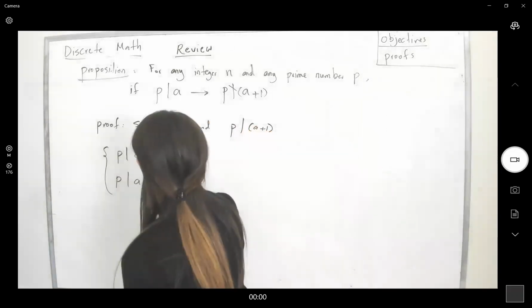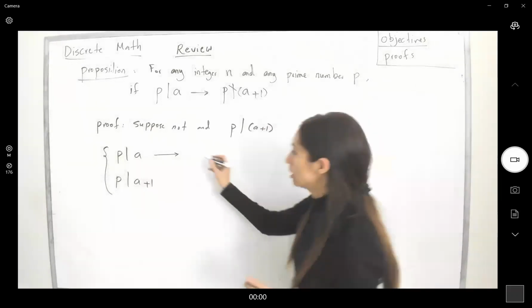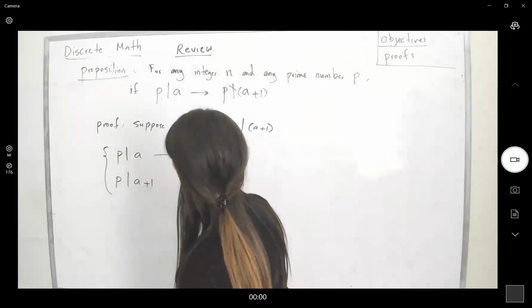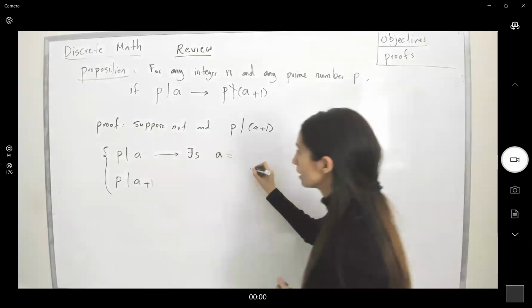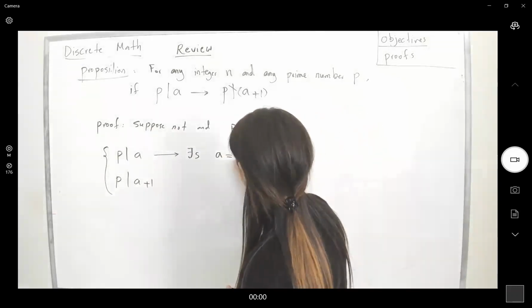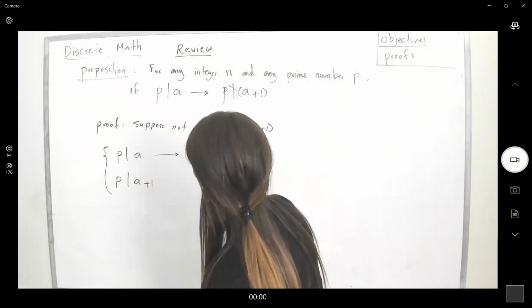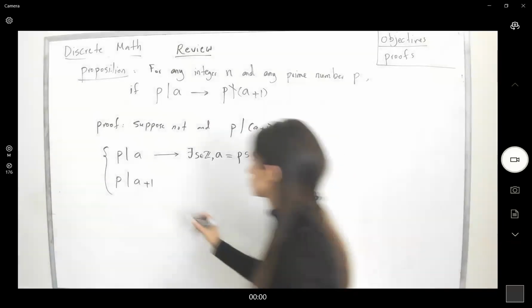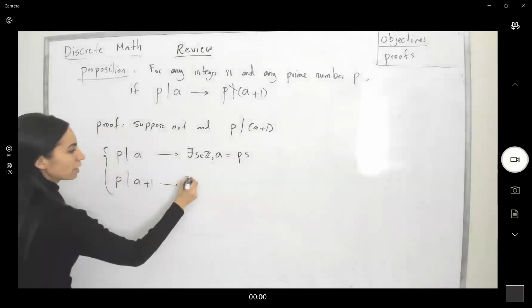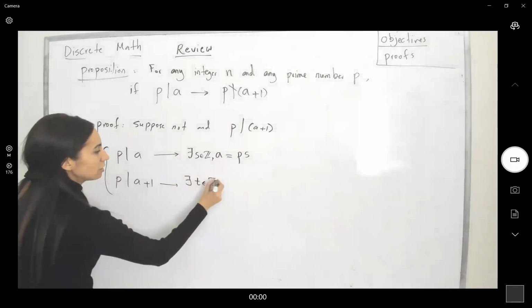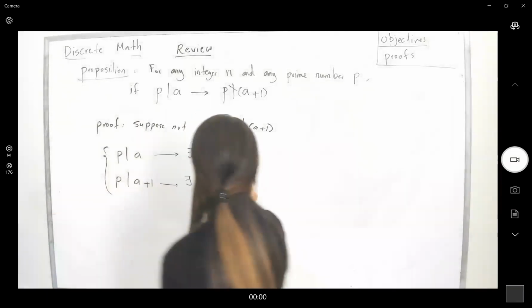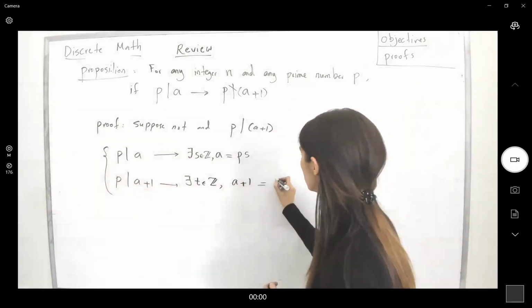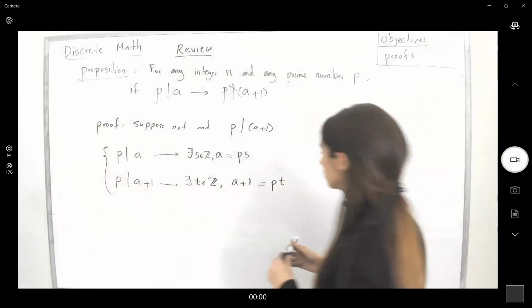So what's the meaning of that? By using the definition, we can find an integer like s, that a can be written as p times s. Now what's the meaning of this part? It means that we can find another integer like t, such that a plus 1 is equal to pt.